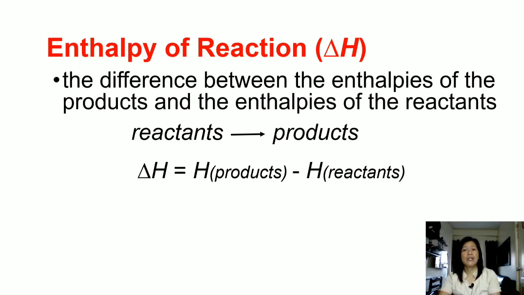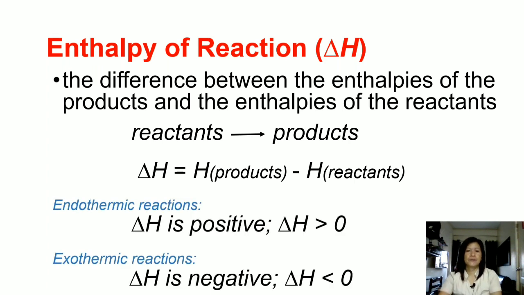Just like internal energy, you first substitute the enthalpy of the products and then have the enthalpy of the reactants subtracted from the enthalpy of the products. In an endothermic reaction, the enthalpy of reaction is always positive. That is, the value of the enthalpy is always greater than 0 or any positive value.